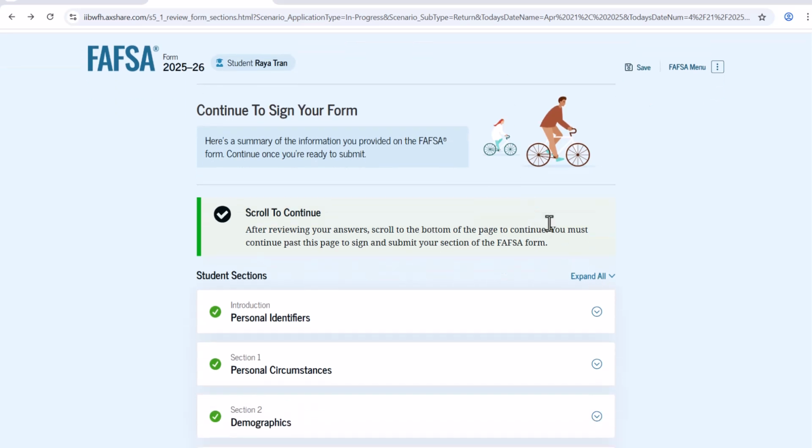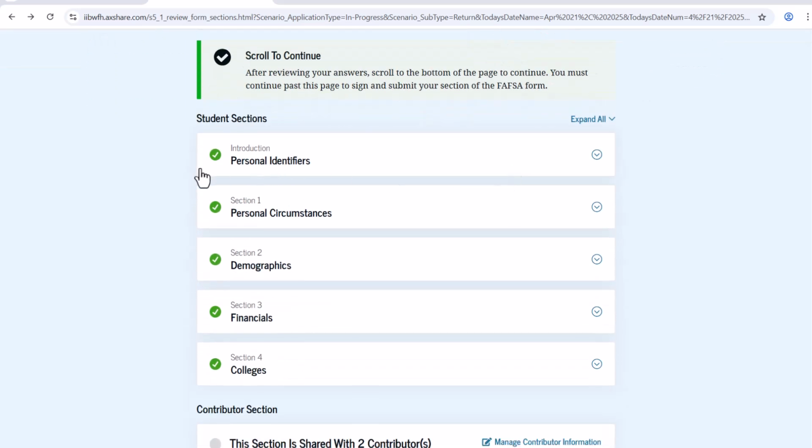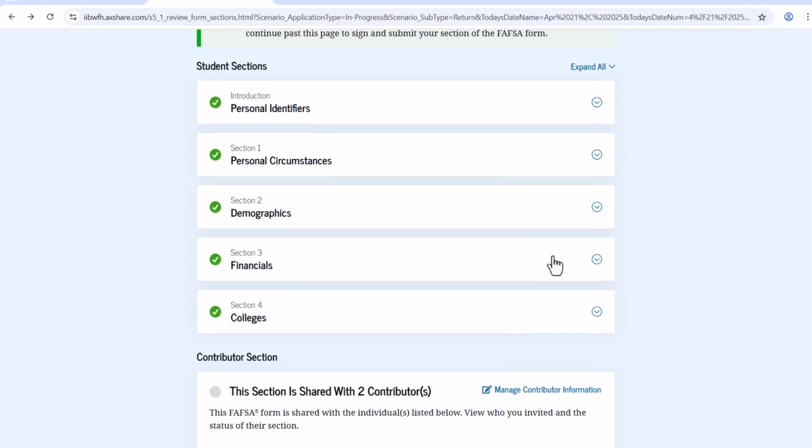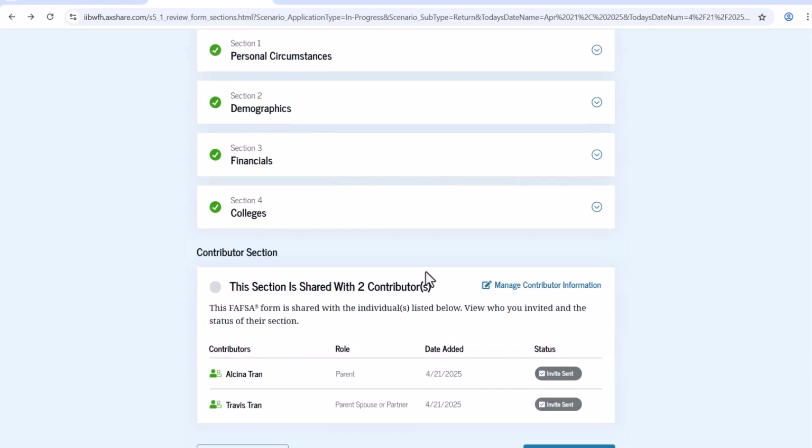So this here is Raya's summary page where she can go in and check her personal identifiers. She can check her personal circumstance questions, demographics, financials, and colleges. So she can just go through and make sure everything is looking good there. As a reminder, this is the prototype. It has very limited functionality.